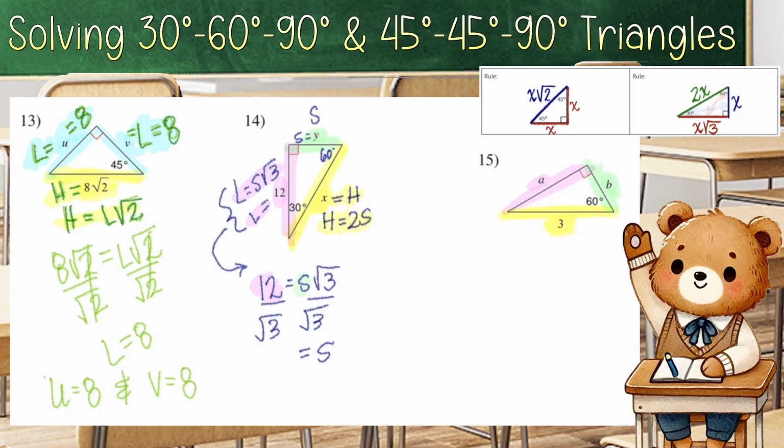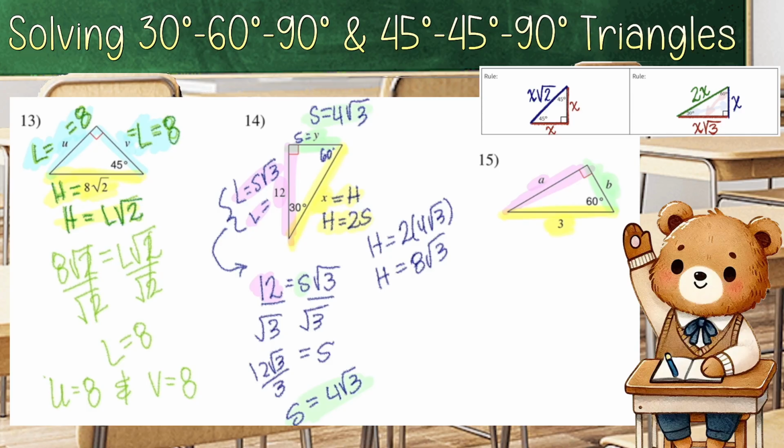S equals, so 12 root 3 over 3 is the step in between. Reduce it, s equals 4 root 3. Okay, then from there, hypotenuse equals 2 times 4 root 3. Hypotenuse equals 8 root 3.